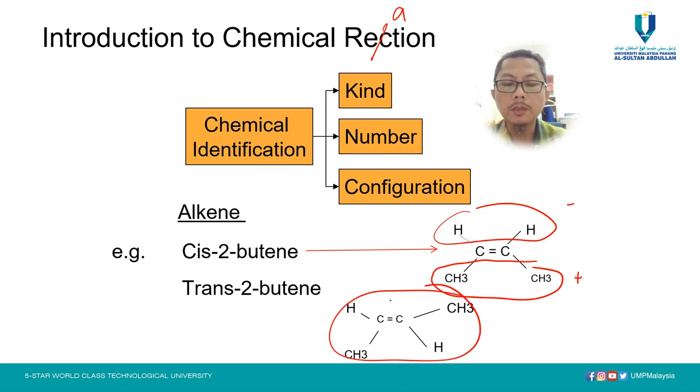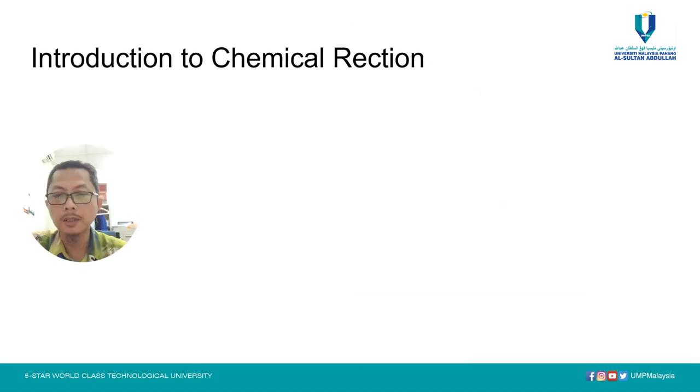And the boiling point for cis-butene will be higher. Although the type of chemical is the same and the number of carbon is the same, the configuration is different, so the chemical is also different. If there is a reaction that changes from cis to trans, although the chemical is the same kind and the same number of atoms, because of the different configuration, we also consider this a chemical reaction.